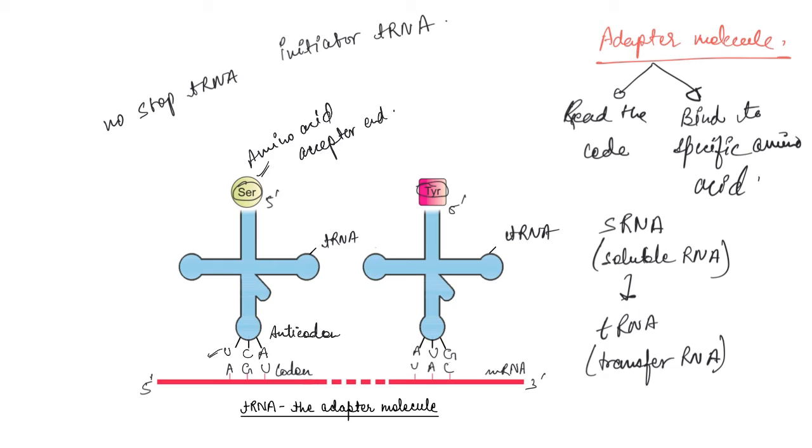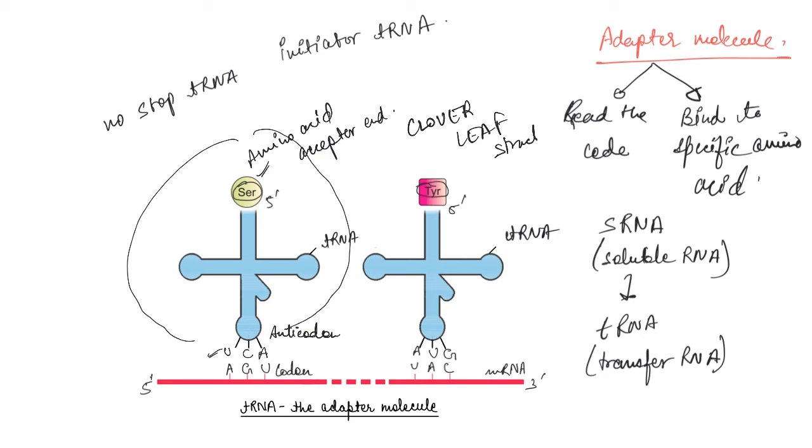Also, guys, this entire structure is known as a clover leaf structure. So guys, this is the exact structure of tRNA, and this is how the tRNA acts as the adapter molecule for the translation of amino acids from messenger RNAs or from RNAs.